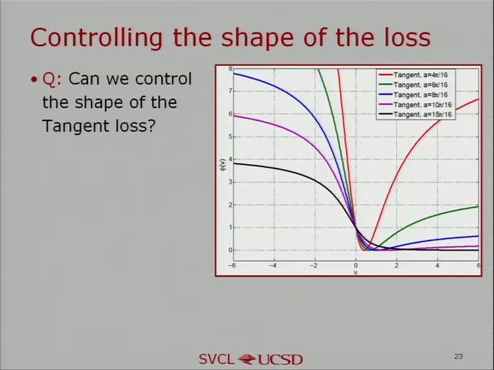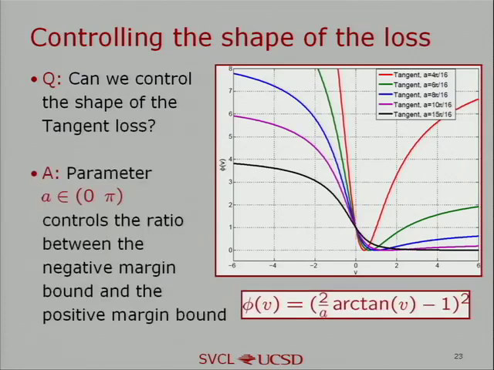Now, a natural question that was already kind of asked was, can we control the shape of the tangent loss? So there is actually a parameter A that controls the ratio between the negative margin and positive margin.